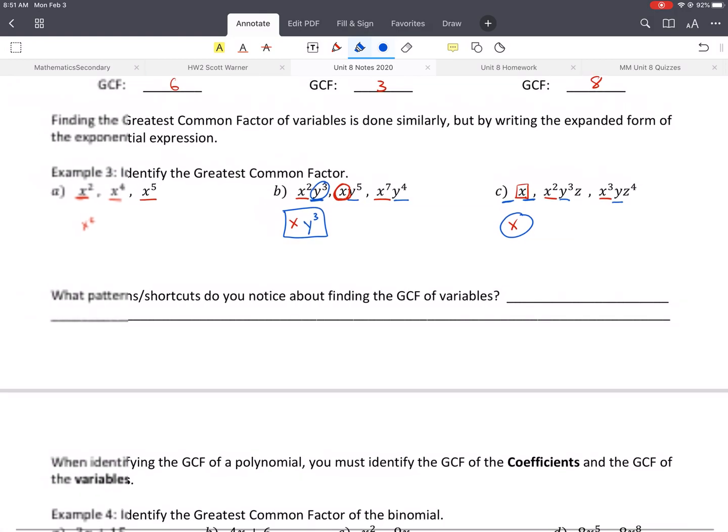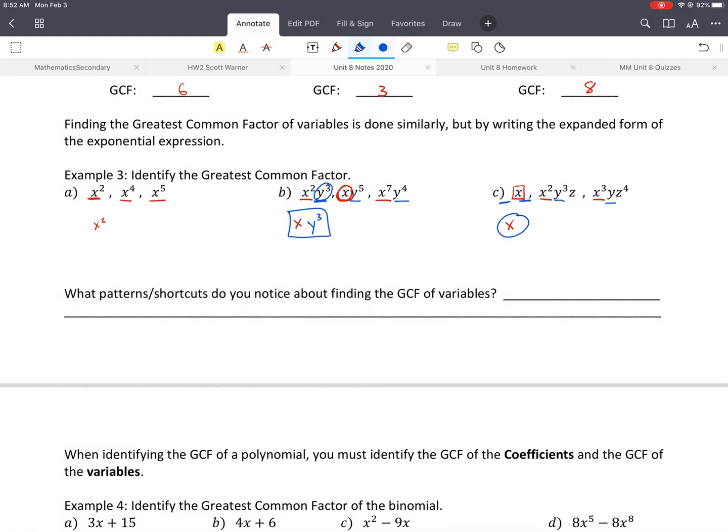Okay. So the pattern or shortcut you notice with finding the GCF for variables is that we're always going to take out the smallest exponent for each variable. So here the smallest exponent was x squared. The smallest exponent for the second term for the x's was x.